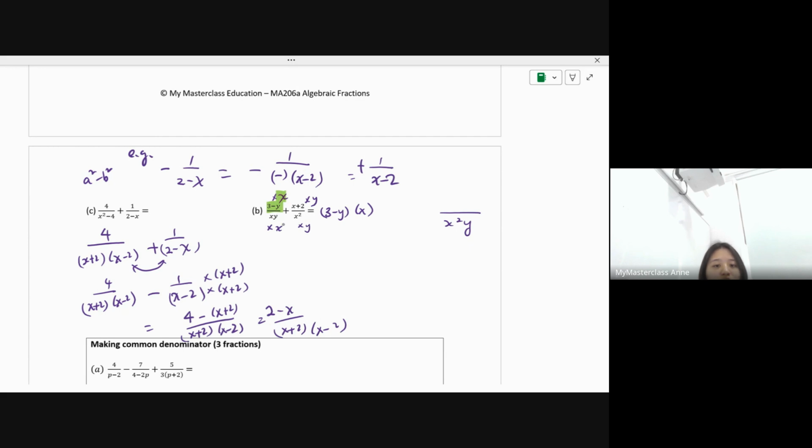So the whole thing times x divided by x squared y, plus x plus 2 times y divided by x squared y. Since they have the same denominator, I can just combine them on top. So 3x minus xy plus xy plus 2y divided by x squared y. Minus xy plus xy cancel out, giving 3x plus 2y over x squared y. That's my final answer.